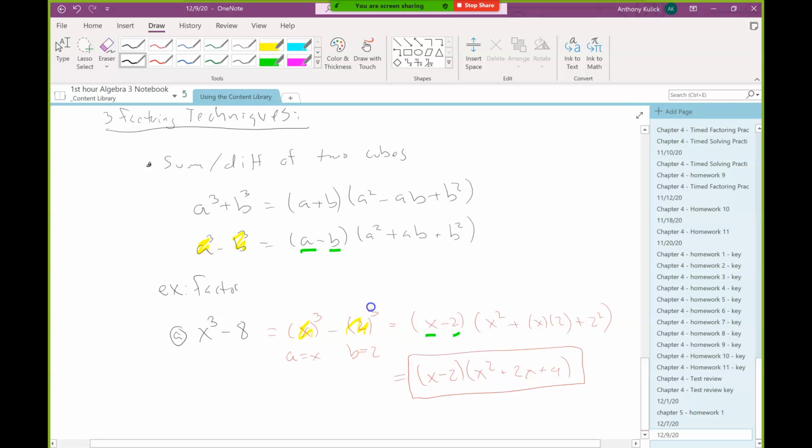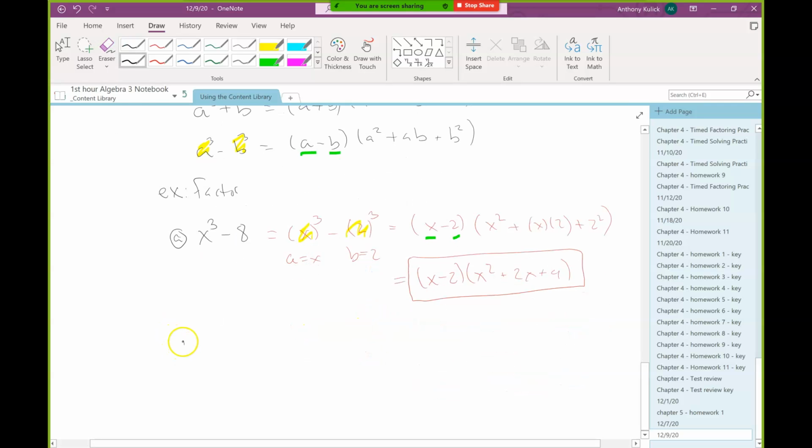Let's do another example of that. So let's say we have 125x to the third plus 27.